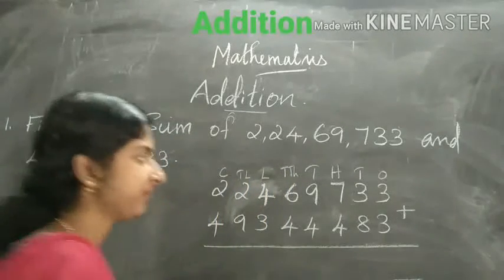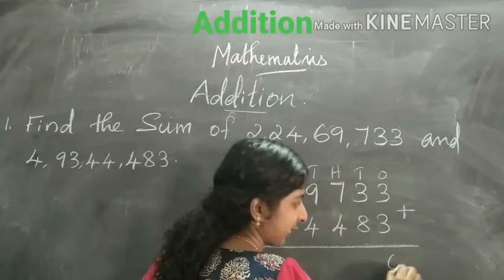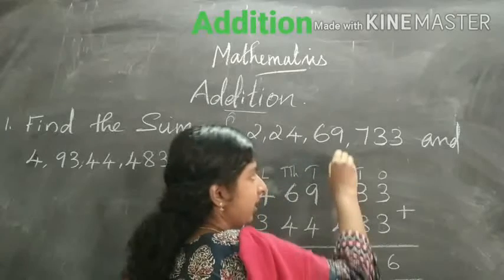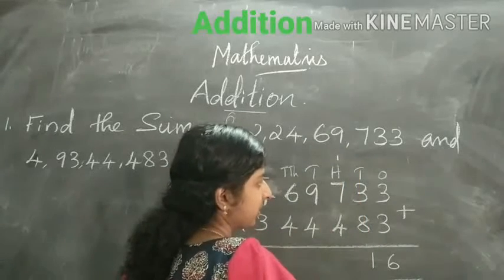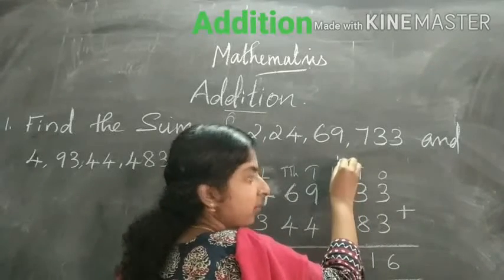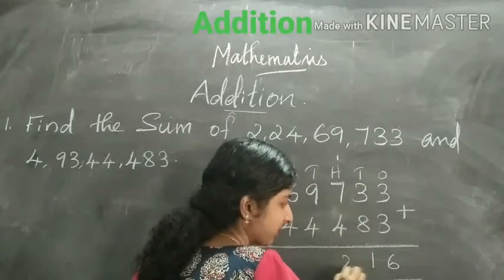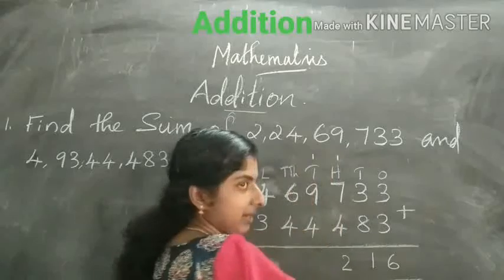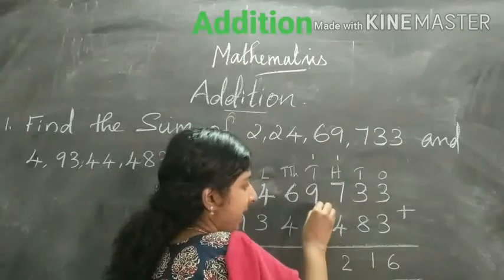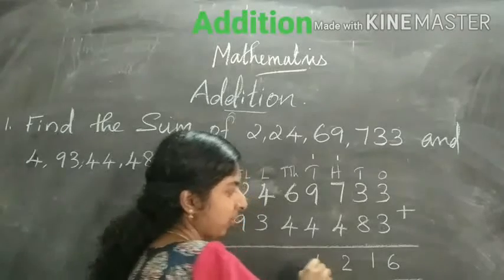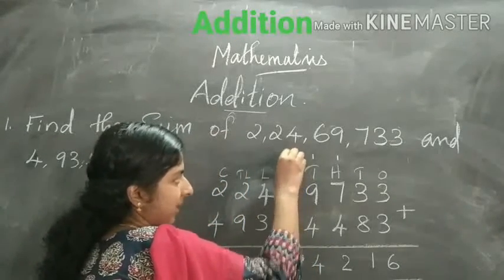Okay, see. 3 plus 3, 6. 3 plus 8, 11. 1 is here, 1 is balance. Then 7 plus 1, 8. 8 plus 4, 12. 2 is here, 1 is balance. Then 1 plus 9, 10. 10 plus 4, 14. 4, 1 is balance.